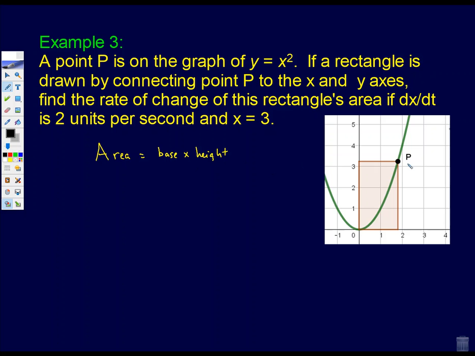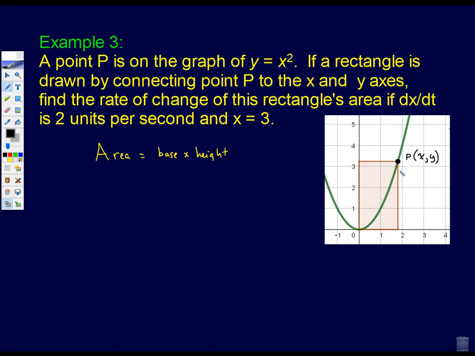Let's actually just label that point: it has an x coordinate and a y coordinate. And the value of x, as it changes, remember this is just a still shot of the moving point, so this is not meant to be any specific value in mind. This is just a sample of where that point goes.